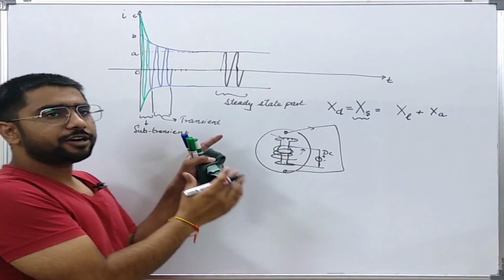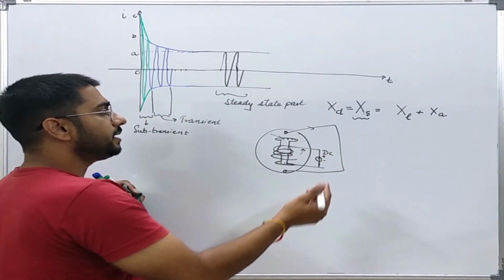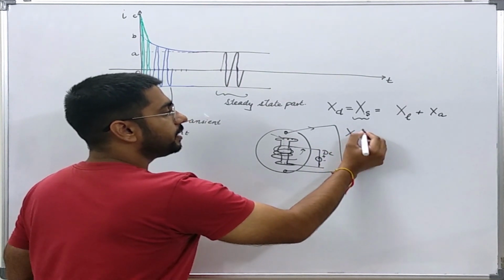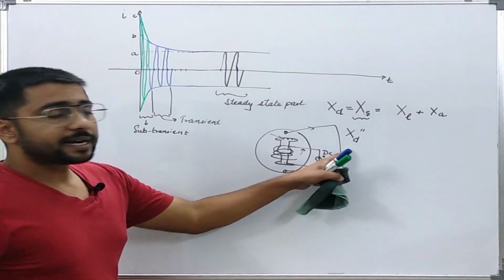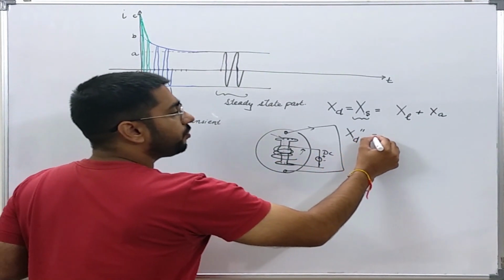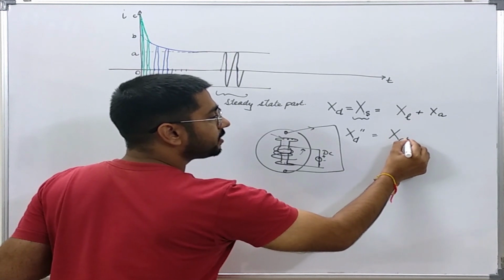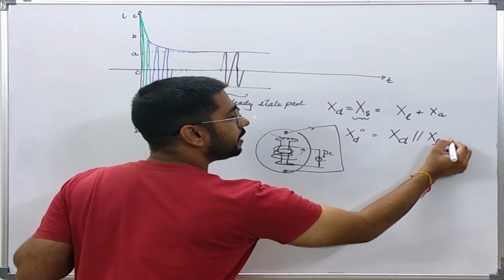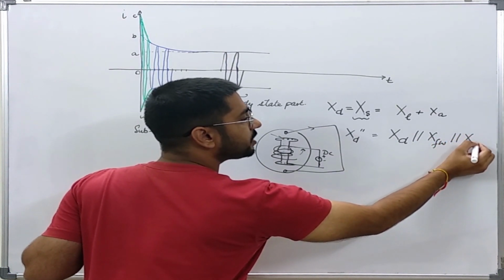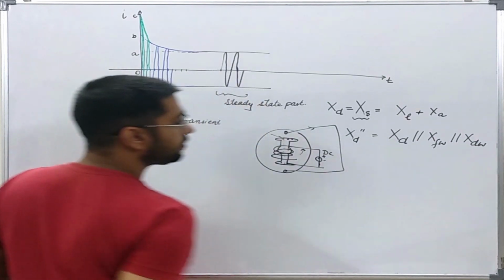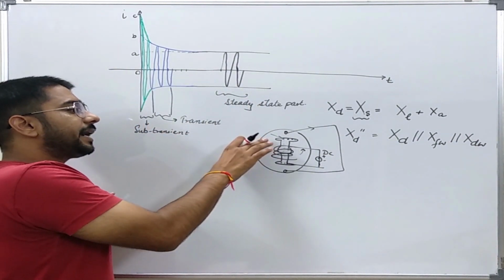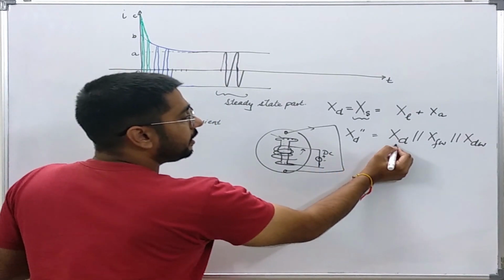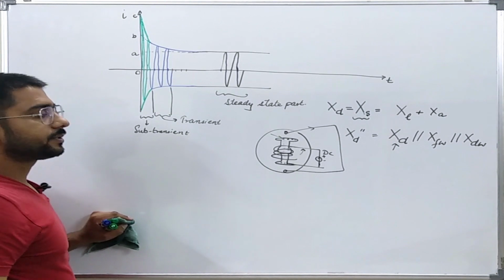So there is some kind of transformer action, and because of this, during the short circuit, the sub-transient reactance will comprise two more parts: the reactance of the field winding and the reactance of the damper winding. Due to the transformer action, we show these in parallel to the direct axis reactance.